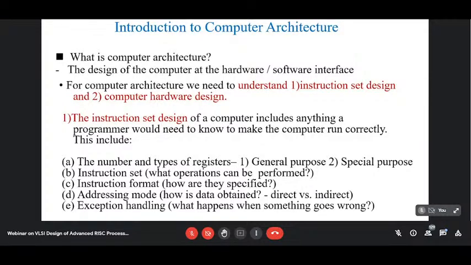So that means we need to understand the instruction set design, because based on the instructions, the hardware design will be made. And then we have to understand computer hardware design. The instruction set design of a computer includes anything a programmer would need to know to make the computer run correctly.